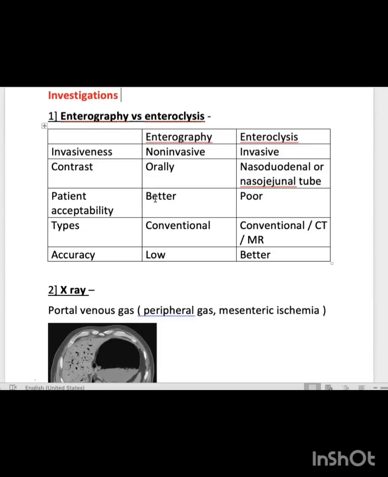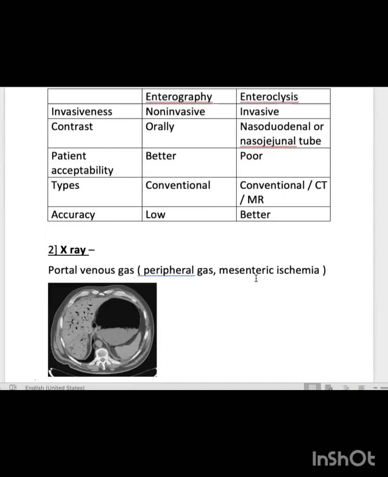As it is non-invasive, patient tolerates it better. It is a conventional type and accuracy is low. But enteroclysis is invasive. You have to put in a nasoduodenal or nasojejunal tube, as a result of which acceptability is poor, and it can be conventional, CT or MR based, and it is a better modality.